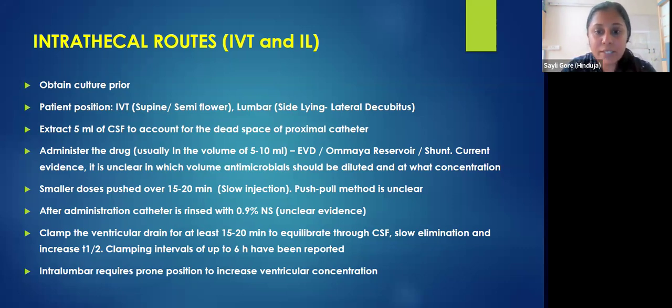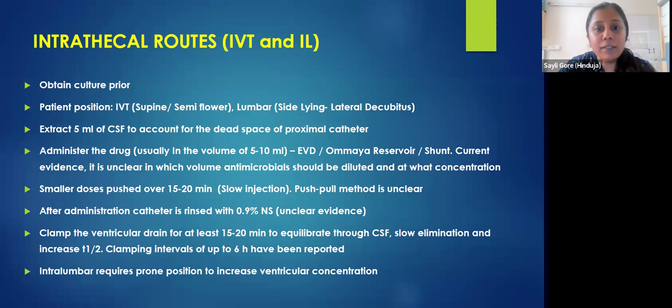So it is advised to clamp just so that the drug is completely flowing through the CSF. There is a slower elimination and increased half-life. But some drugs have been clamped for intervals up to 6 hours, as reported.